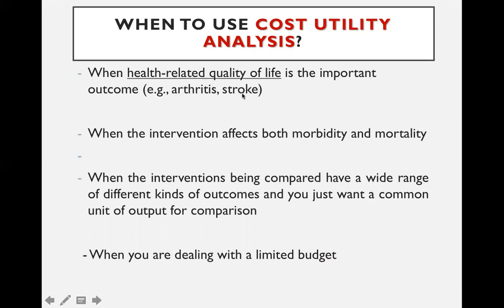Also in a stroke, it's important to look at the quality of life. You also perform cost utility analysis when the intervention affects both morbidity and mortality. So you're not just concerned with the additional life years gained, but how does a person live in those additional years of life? Also, when the interventions being compared have a wide range of outcomes, and you just want a common unit of output for comparison.